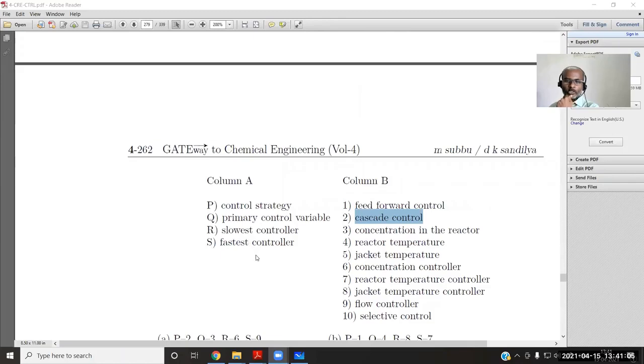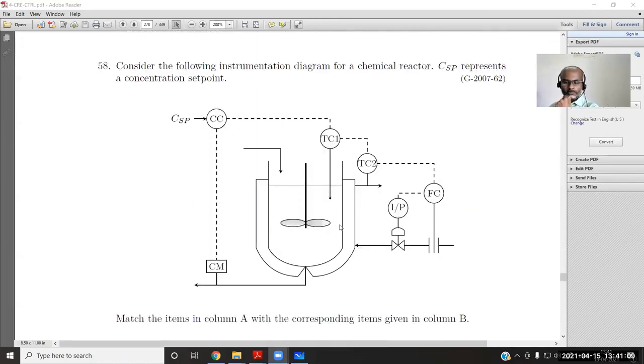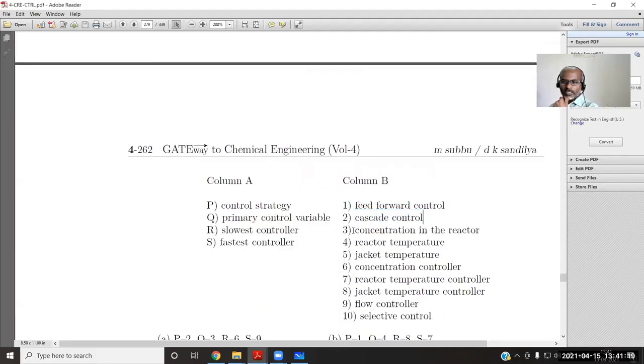What is the slowest controller? Which is the slowest controller here? The slowest controller will again be the concentration controller.